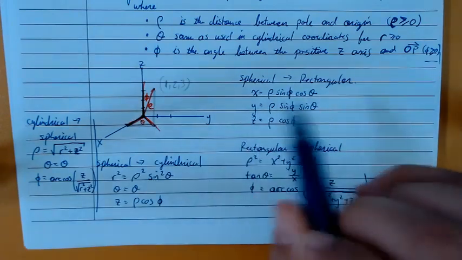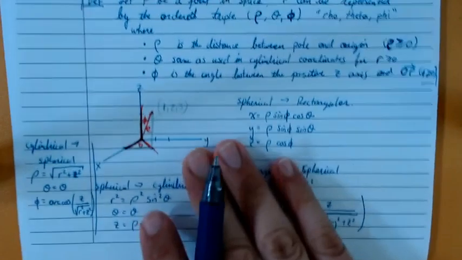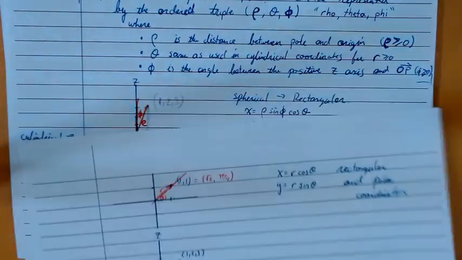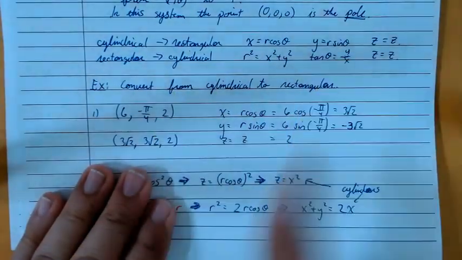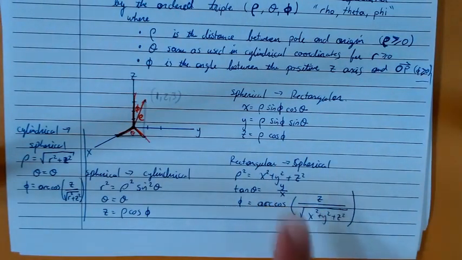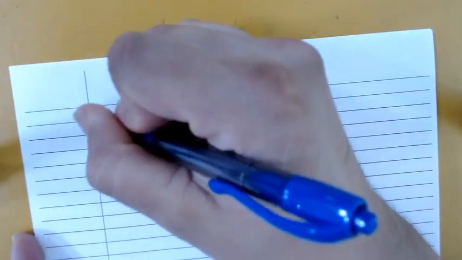So this is what we're going to see most often, as well as this set over here. All right, so let's see some examples of this, converting back and forth between rectangular and spherical. Let's go ahead and start by converting from spherical to rectangular.